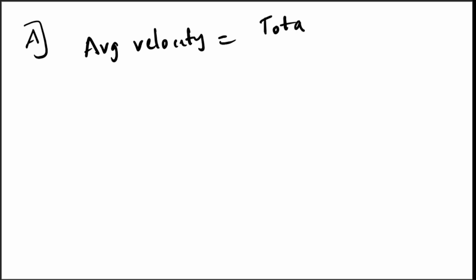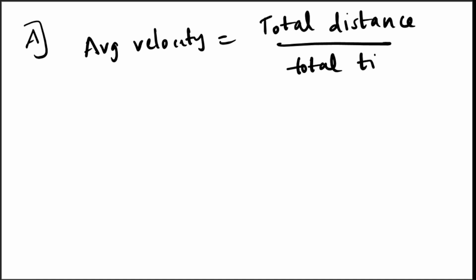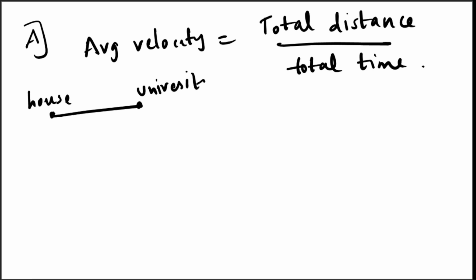There are many ways to find the answer. What I did was, the average velocity is simply equal to total distance traveled by total time taken, right? So this is the house of the professor, assume that, and the university. Let the distance be x.